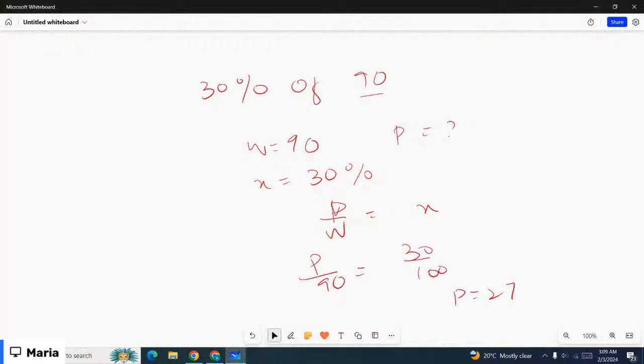That means 30% of 90 is 27. The correct option is 27. Got it?